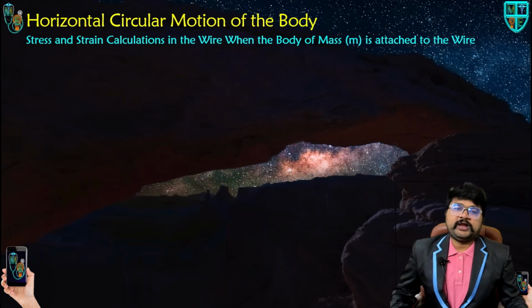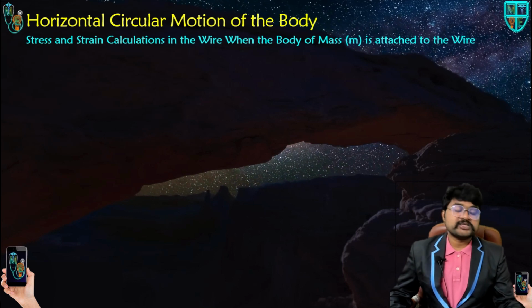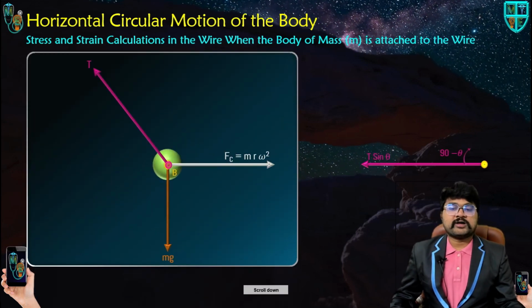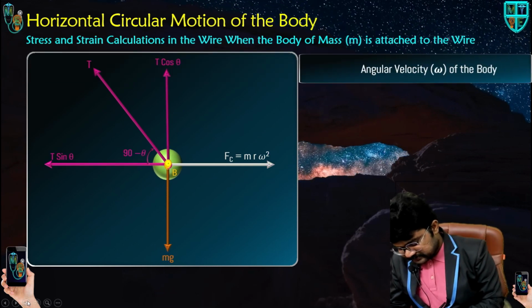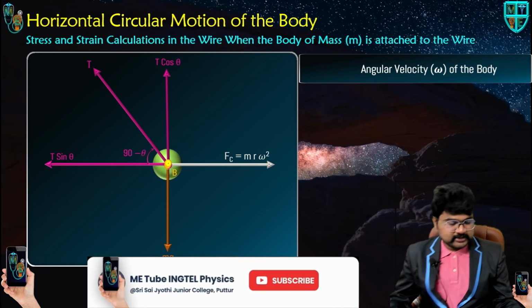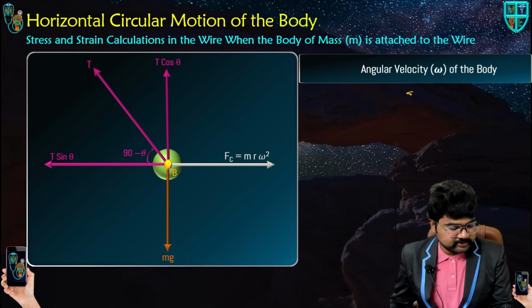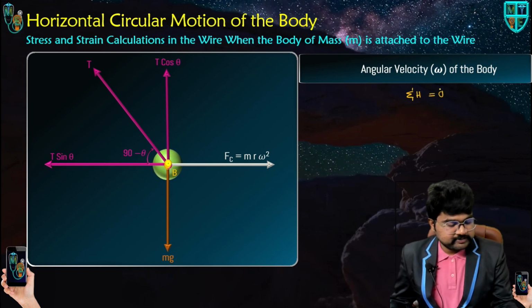Now we can calculate angular velocity of the body which is in horizontal circular motion. So how to calculate angular velocity? Just now we applied sigma H equal to 0.